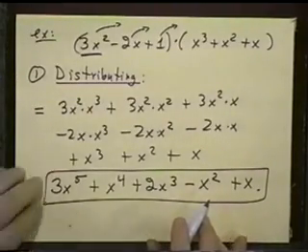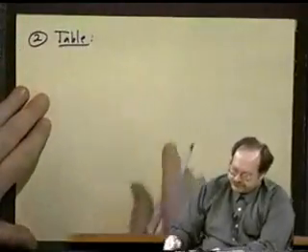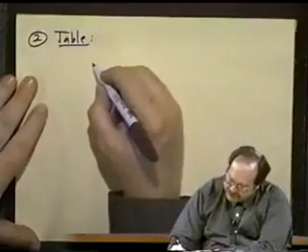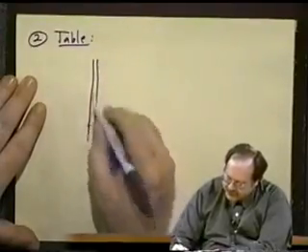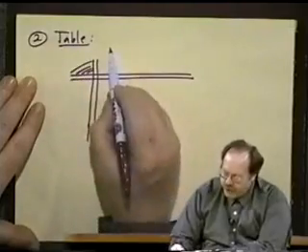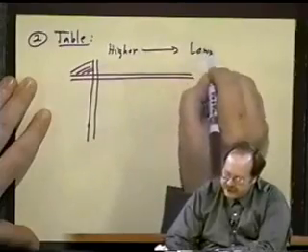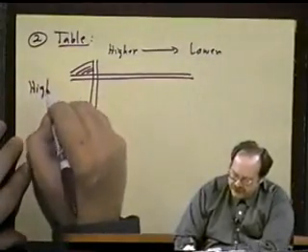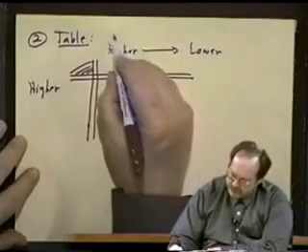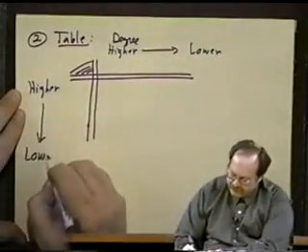Now, let me do it the other way, which again is my favorite. I'll call it a table this time. Maybe that's what we should call it. And let me point out that this works exceptionally well if you always put your polynomials in standard form and then write them higher to lower here and then higher, that means higher degree, to lower this way.